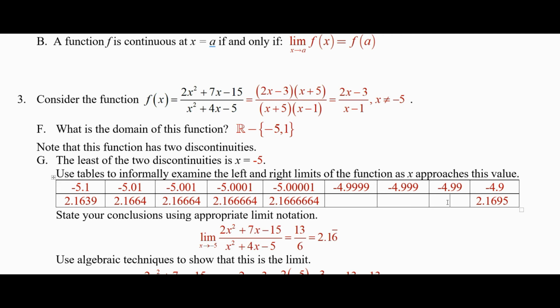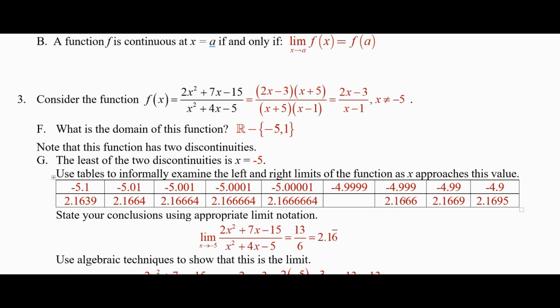This one was 2.1669. This one is, okay, so we got a nice little pattern going here now. 2.13 with 6s and a 9. This is a 2.14 with 6s and a 9, and so forth.